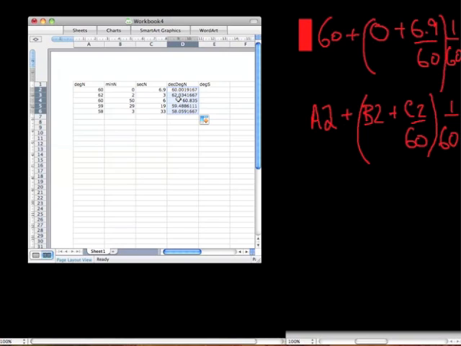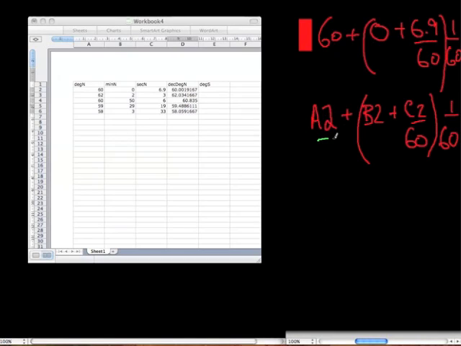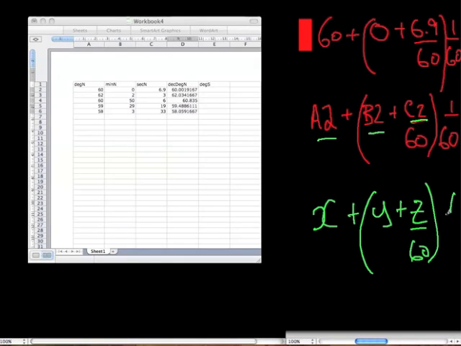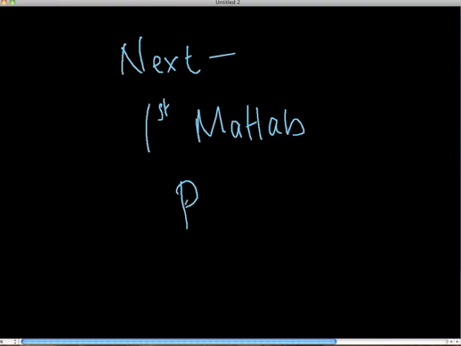So we can abstract this one level further by saying instead of having a cell number, A1, A2, A3, we can just write this as, say, X degrees plus Y minutes plus Z seconds. And that's the literal equivalency for going from something like Excel into something like Matlab. And in the next session, we'll start the first Matlab program.